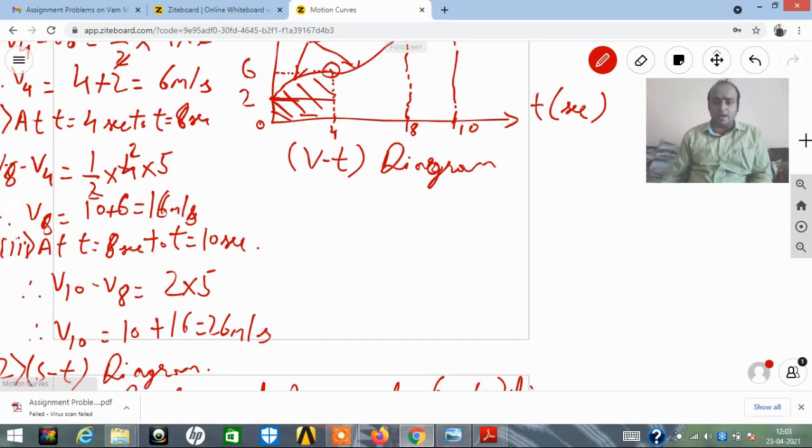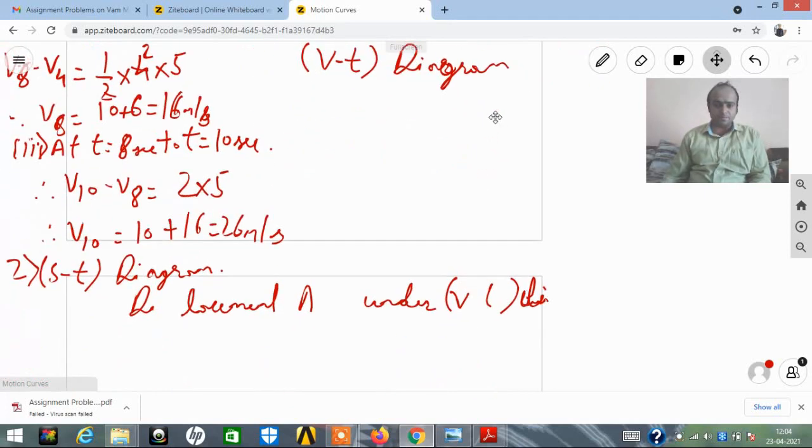So what will be the formula for this? It will be length into breadth, that is 4 into 2, plus 2 by 3 into 4 into height, that is 4 again, since 2 to 6 is 4. So now let us write down the formula.